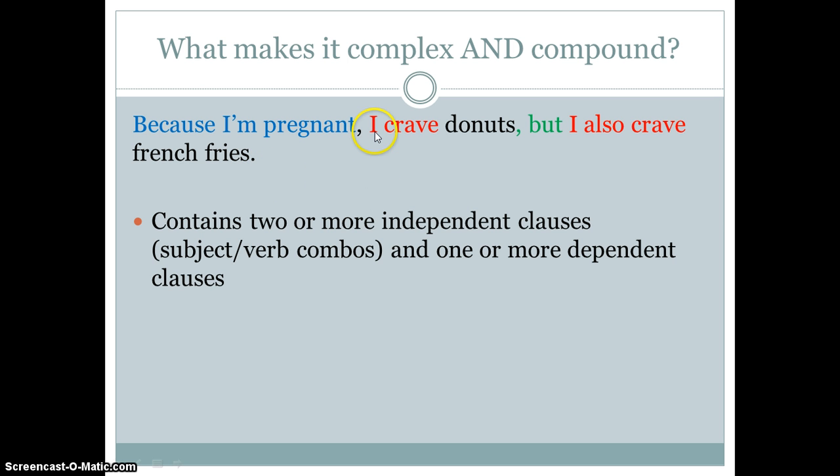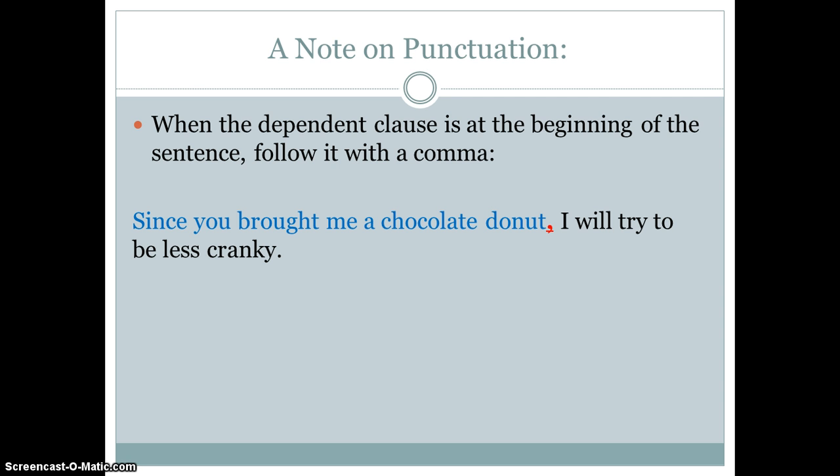So here you have one subject, one verb, second subject, second verb, and here's your dependent clause. Okay, another big hint, the coordinating conjunction and the comma. So here's your compound sentence, and the complex part comes in with the dependent clause. Okay, so really that's all I'm going to mention about it. It should be kind of self-explanatory. The name is pretty obvious.